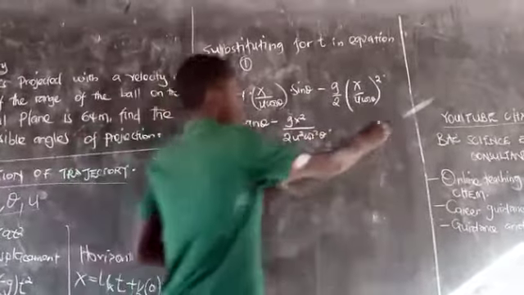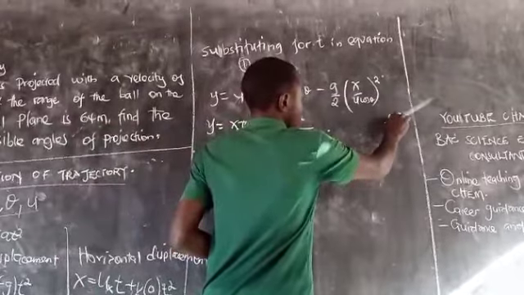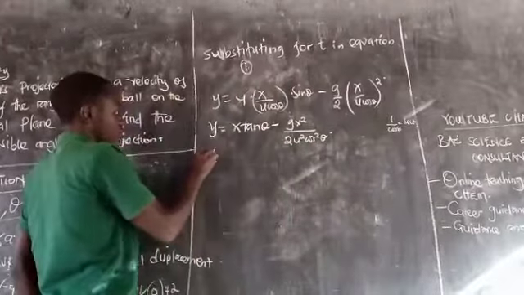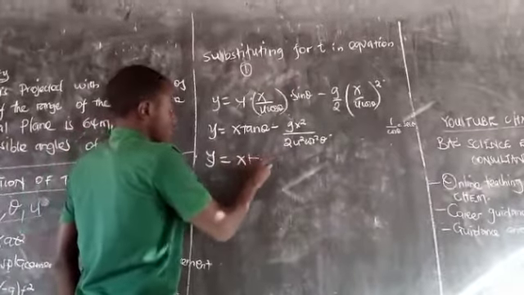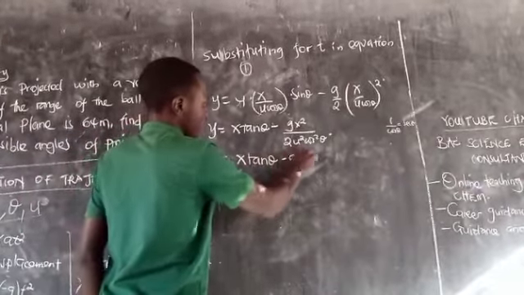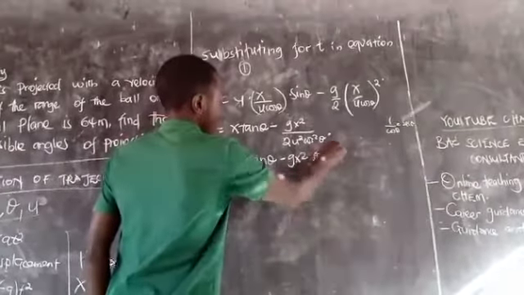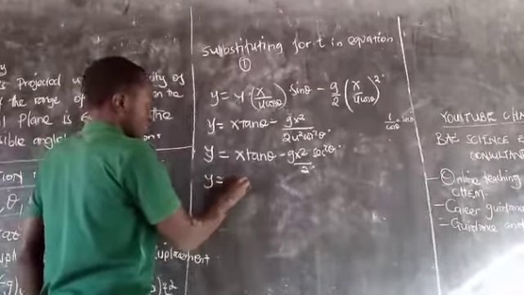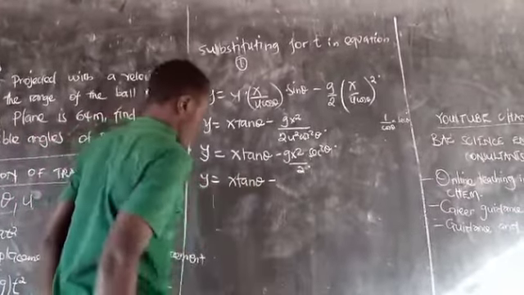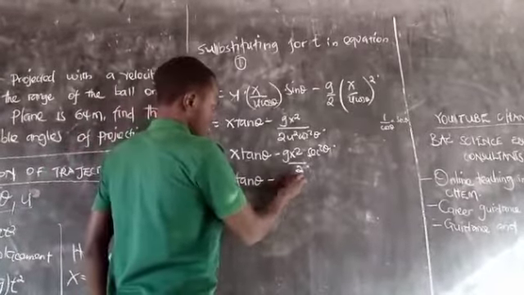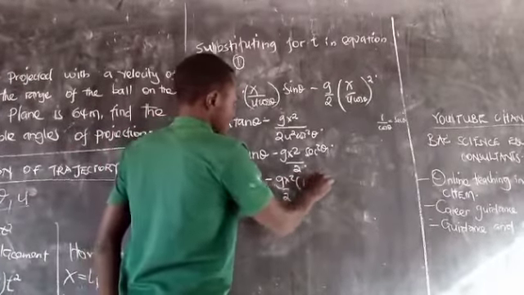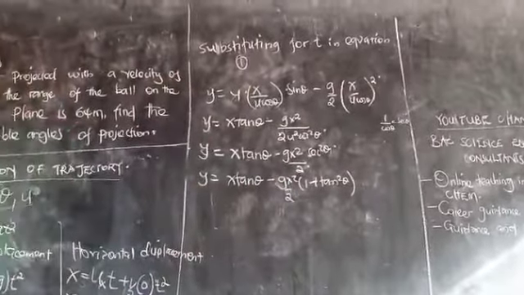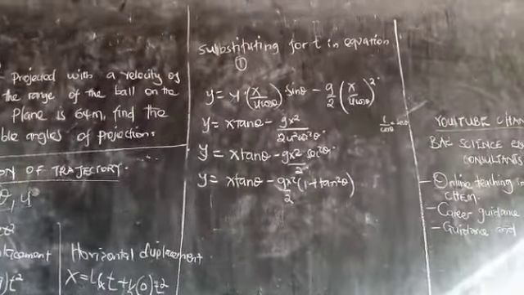And we know that 1 over cos squared theta is sec squared theta. So we have y equals x tan theta minus gx squared sec squared theta over 2u squared. And this simply can be written as y equals x tan theta minus gx squared over 2u squared into 1 plus tan squared theta, by trigonometry, sec squared theta equals 1 plus tan squared theta.